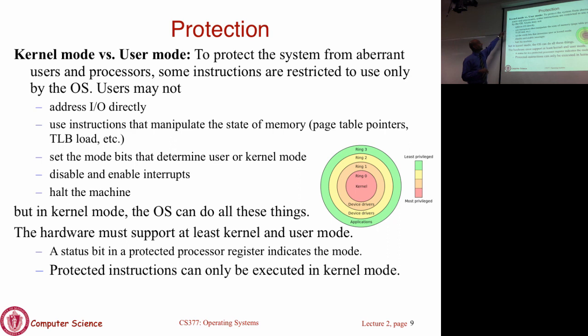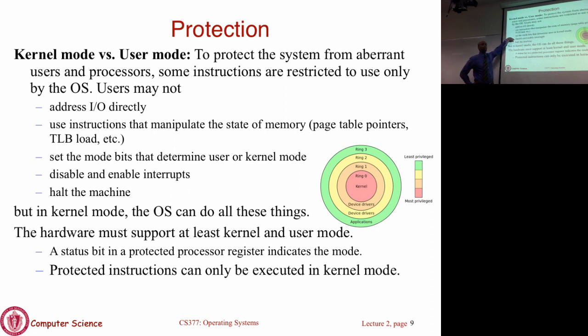because we only allow the OS to do certain things. In particular, we do not allow applications to directly do I/O. Okay? We do not allow applications to muck around with memory state, like page tables and so on. Okay? We do not let the user application actually change the mode bit. You cannot let a user application change the bit from kernel to user mode. That's also privileged. If you let the application switch it, then it could just switch it and start executing all the special instructions.